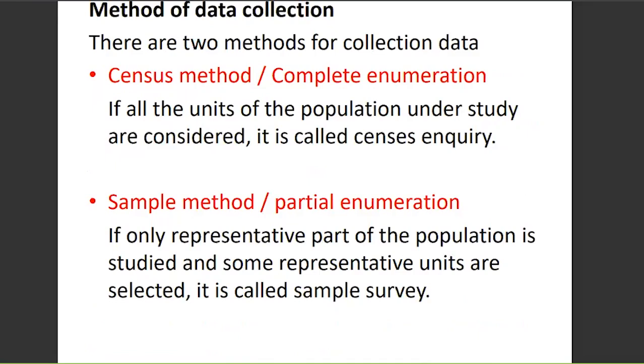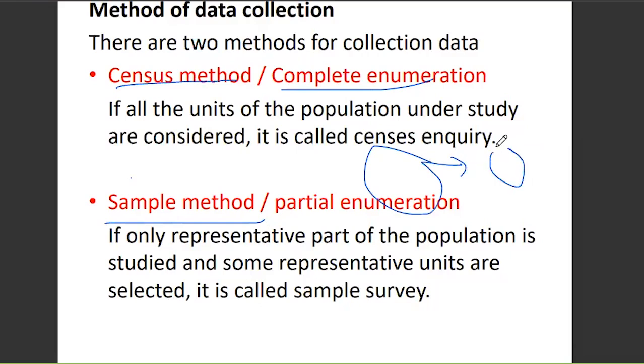Then when you are going to collect the primary data, you can conduct two types of study. One is the census method, another one is the sample method. In the sample method, we say partial enumeration, and the census method is complete enumeration. Sample method means we have the population, and based on the population, we decide the sample.